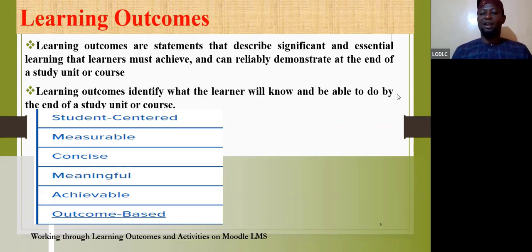I had an experience with a student. I had a conversation with the students last session. The student was trying to explain the kind of problems he encountered during the last semester. When he explained everything, I discovered that the problem the student had is that he could not actually understand what learning outcomes, learning objectives, and the learning activities are all about.